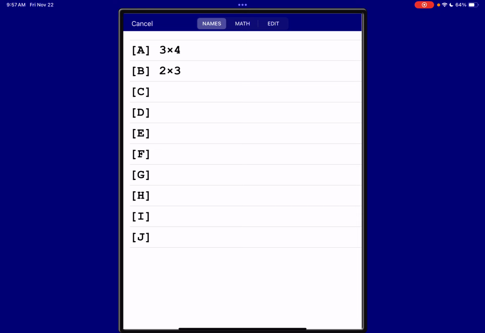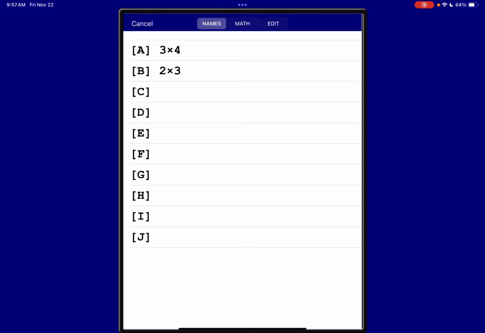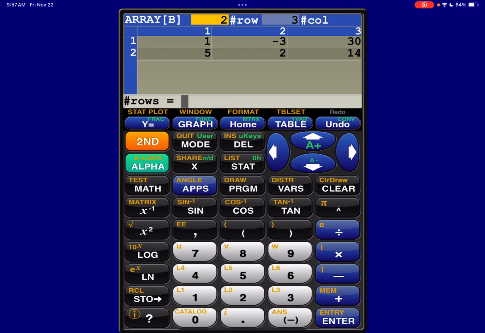I'm going to go to B, nope, okay, go back to second matrix, edit. Okay, so you have to go to the right and then edit, because what we want to do is edit a matrix. And then you can choose whichever one you have on your calculator. Again, there might be nothing. I'm going to go to B.